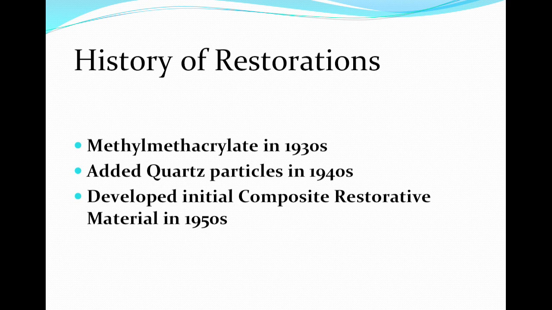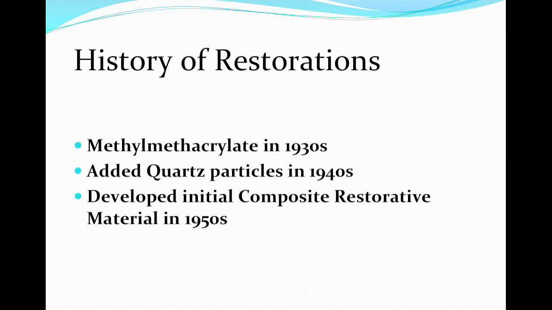So first of all, very briefly, just a little history before we get started. Restorative dentistry, as you probably know, seems to have been around since about 3000 BC in Egypt, and nothing really changed a whole lot until about the 1800s when amalgam started to be placed, and the first aesthetic restoration was methyl methacrylate, and I'll let you think for a moment about where you might have run across methyl methacrylate.